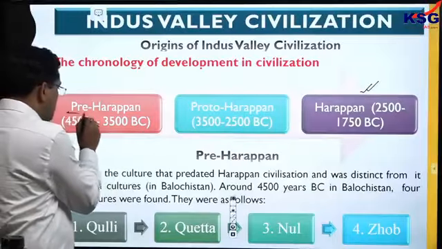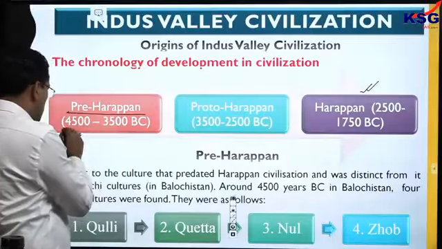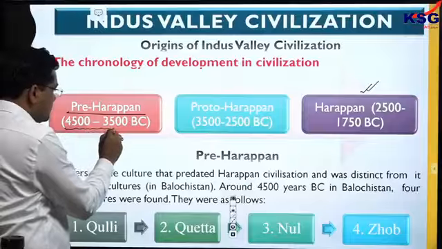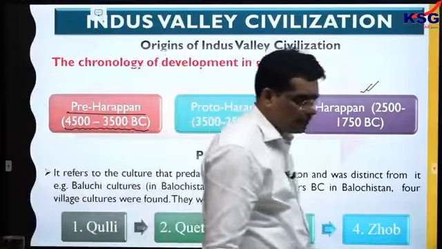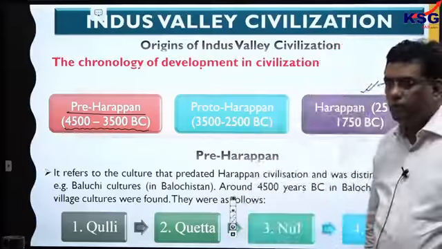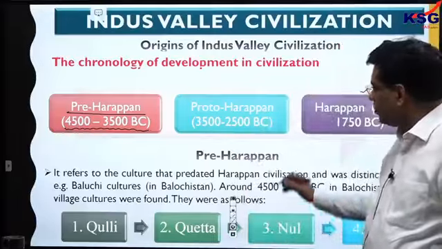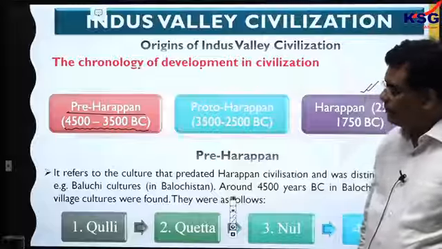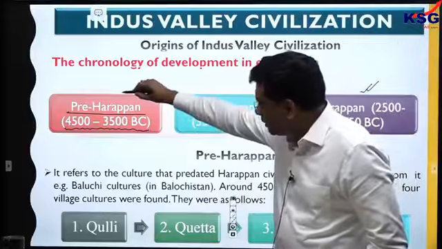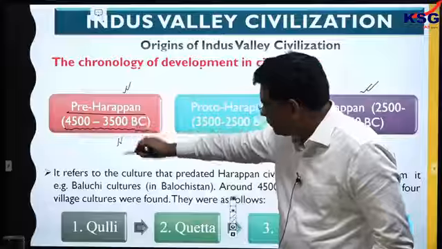Pre-Harappan sites normally started around 4500 BC to 3500 BC. Pre-Harappan sites are those that started before the Harappan sites and had a very evolved agrarian condition.